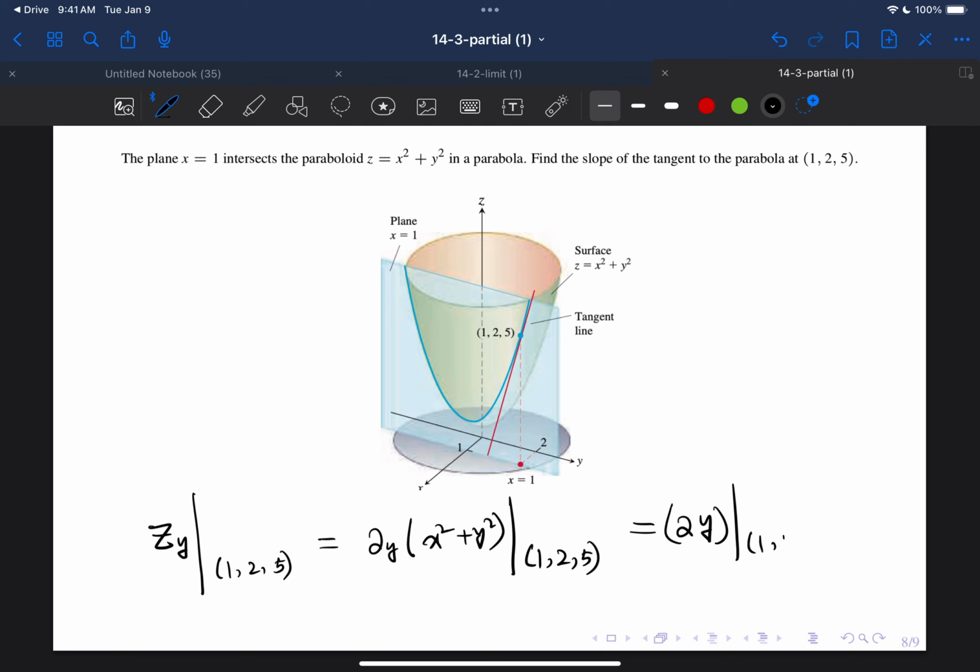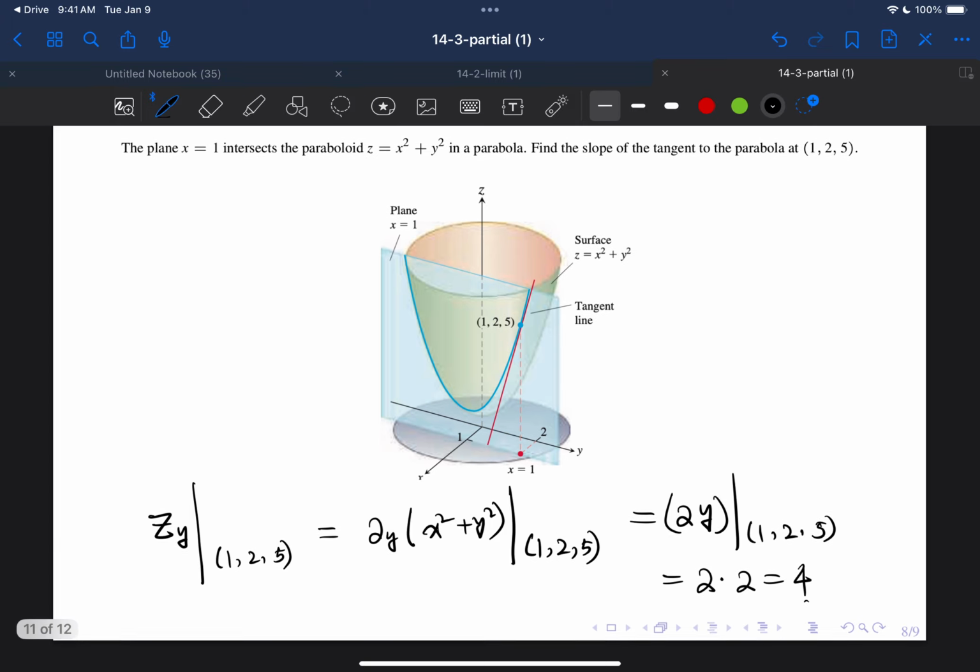And put in (1, 2, 5). Here in (1, 2, 5), 1 is x, 2 is y, 5 is z. So that's what it means. For y, we only choose 2. So this is 4. The slope is 4.